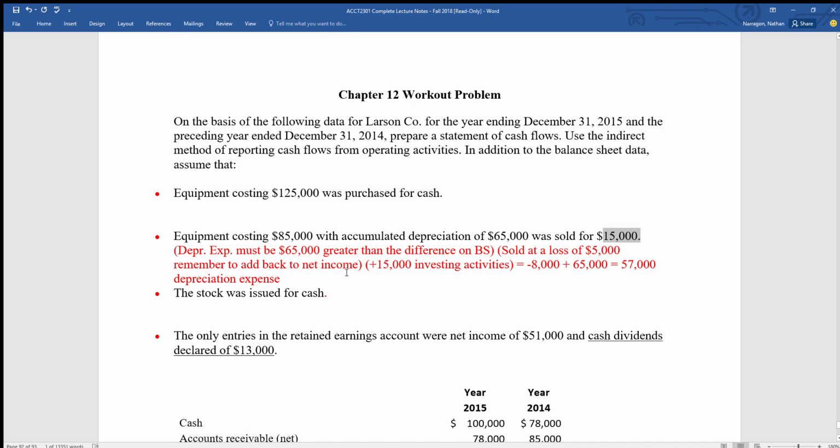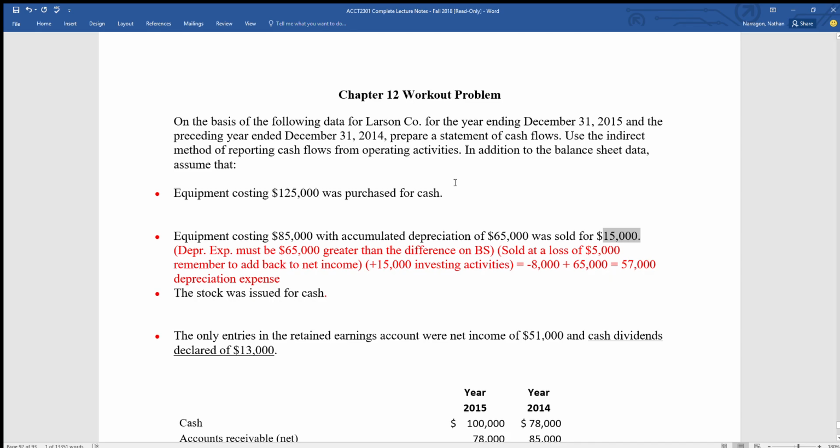Alright, yeah, because 65 plus 15, that's only 80,000, so $5,000 loss. So we're going to have to add back the $5,000 because again, that's a loss going on. And that's going to show up on the income.